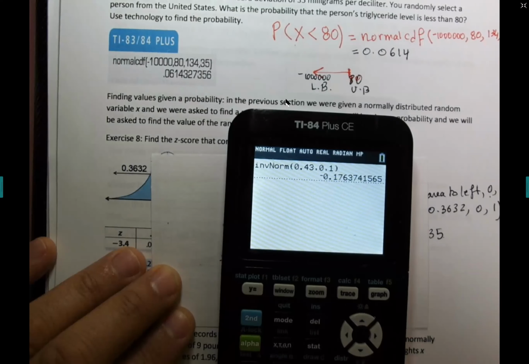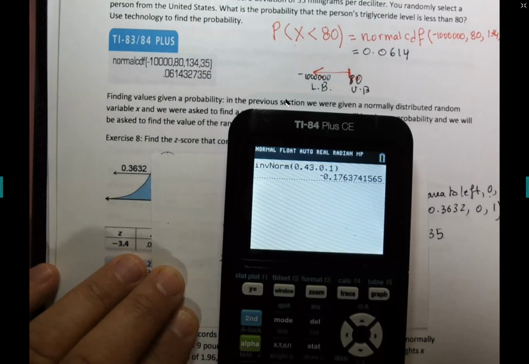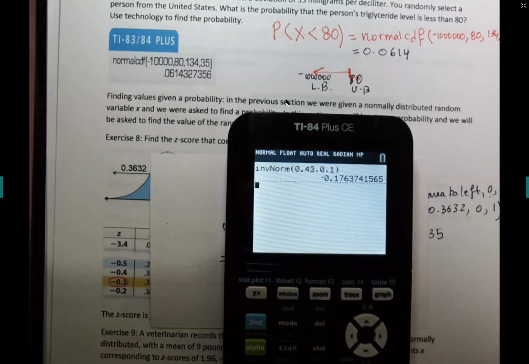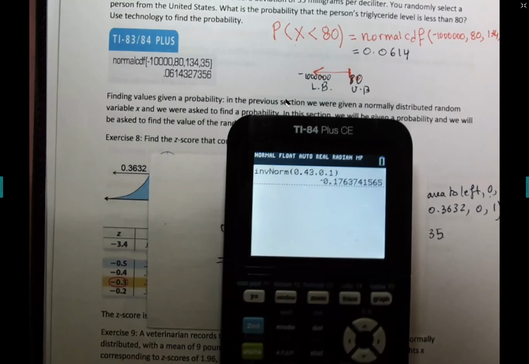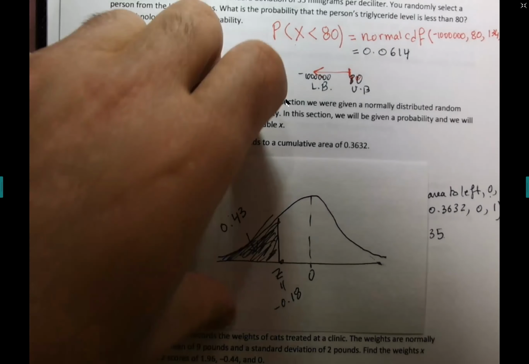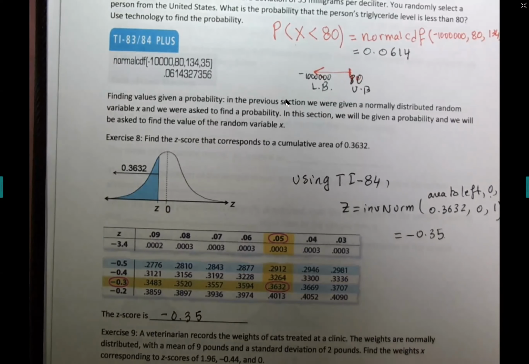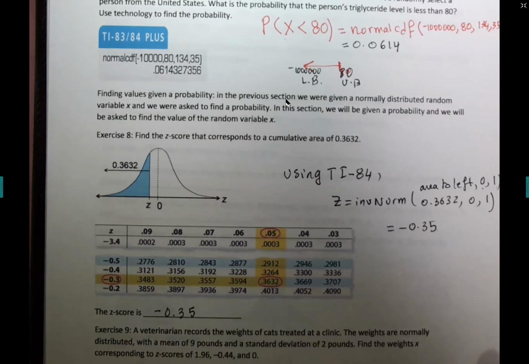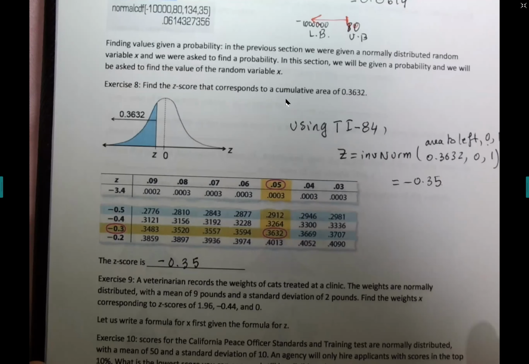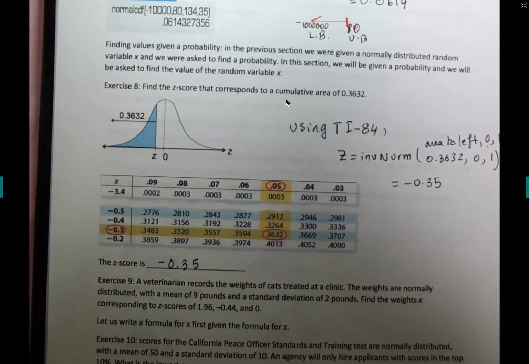Negative 0.176, but if you end up rounding it to 2 decimal places, it will be negative 0.18. But this is more accurate, definitely. All right, so this is how we find the z-score if we are given the probability.